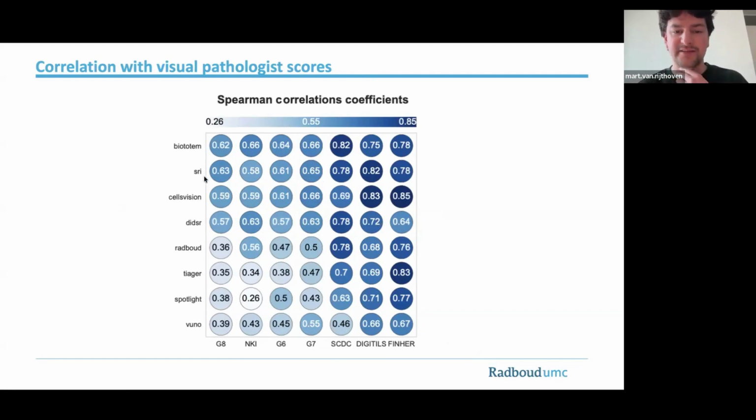And for other data sets, it's not going that well. Also interesting to see is that Vuno scored a bit less here. And actually that makes kind of sense, because they did the peritumoral TILs, while the visual TILs scored by the pathologists were all stroma TILs. So it makes sense that they are a bit different.